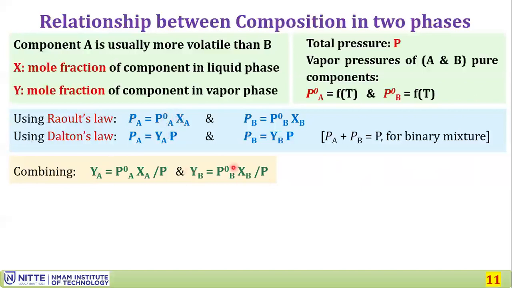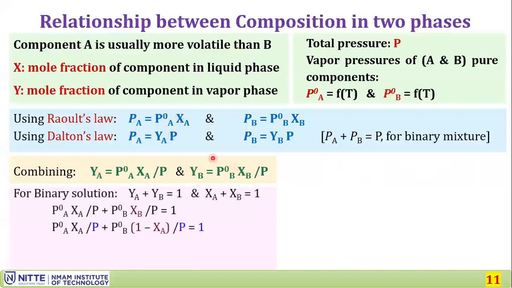Similarly YB. Now we know something about a binary solution: the mole fractions in the vapor phase or liquid phase, you take any phase, the mole fractions of the two add up to 1. Now let us take this particular case, YA and YB, which we have already written here. Substitute YB over here.